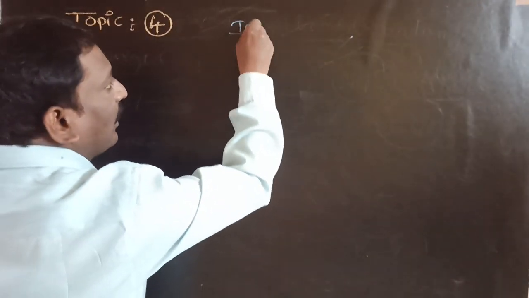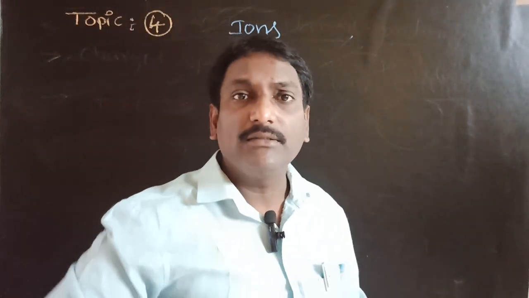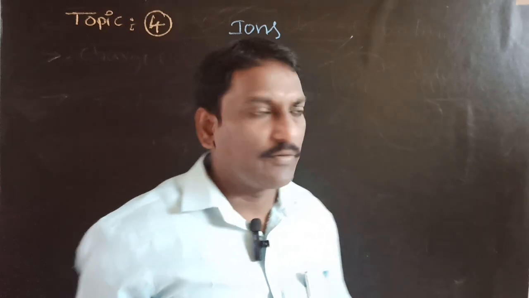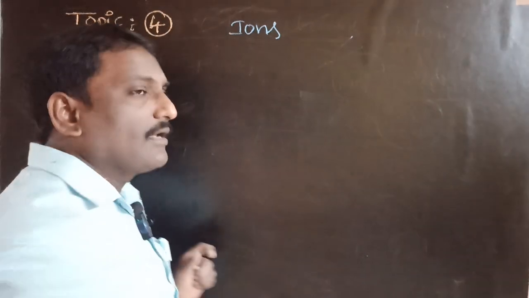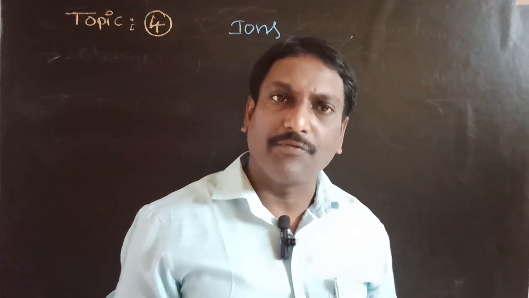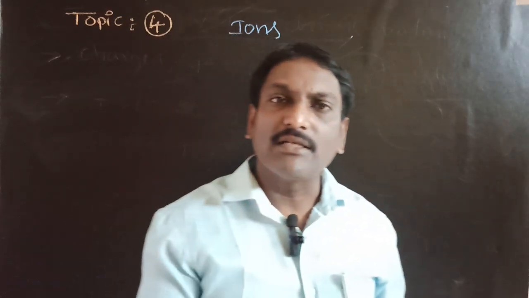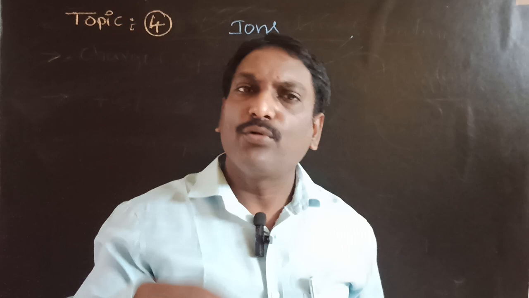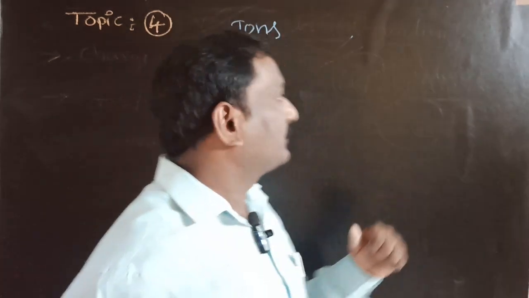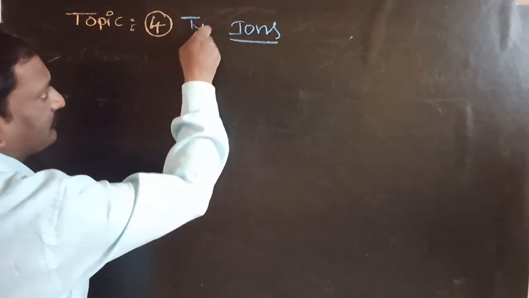Ions are very important to write chemical formulas in higher classes. Ions help to write chemical formulas, and chemical formulas help to write equations. So to write a number of equations yourself, we need to understand chemical formulas, and to write chemical formulas, we require ions. It's a very important topic.